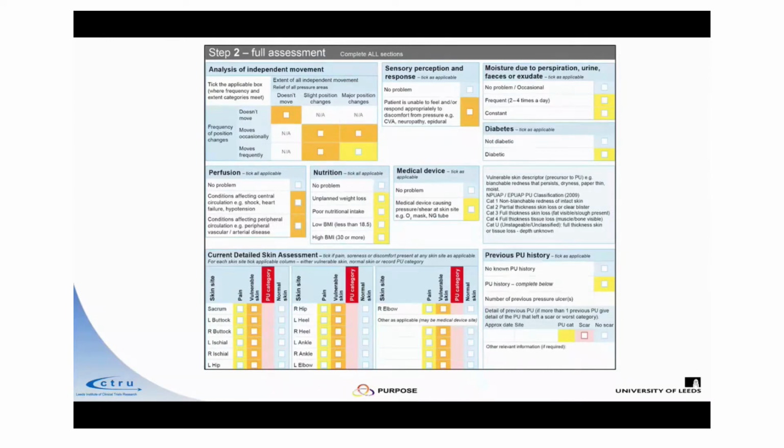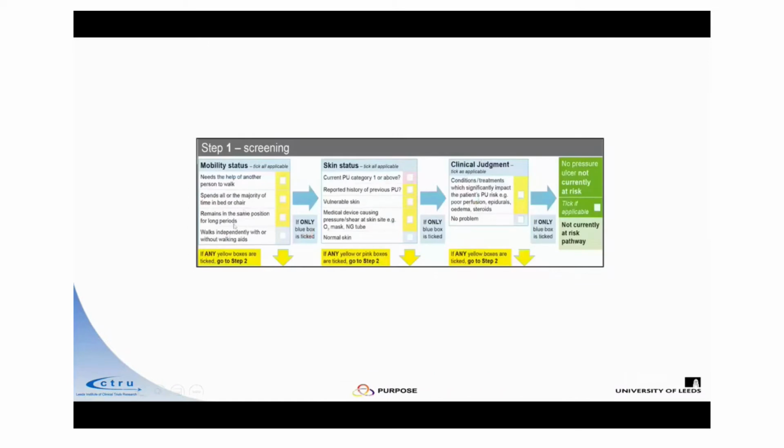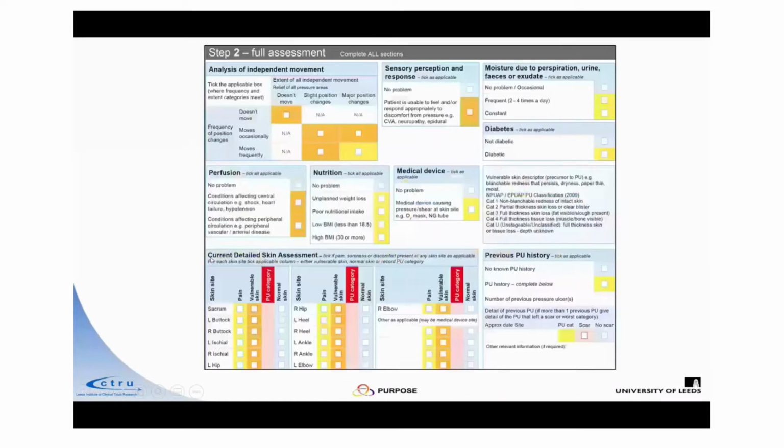In the skin assessment section, sorry, we would look at whether or not there's any pain at a skin site, and also whether there's any vulnerable skin, or whether there's a pressure ulcer, or whether the skin's normal. And we do that for each skin site. And then there's also the previous pressure ulcer site, because sometimes people can have scarring due to that, and that leads to an ongoing vulnerability in that area.